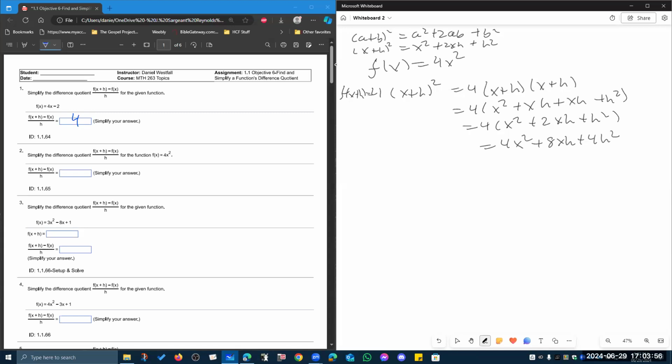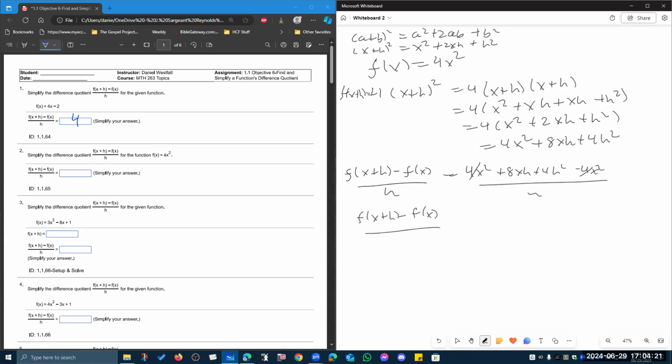So f of x plus h minus my original f of x divided by h is going to be 4x squared plus 8xh plus 4h squared minus 4x squared over h. This is h times 8x plus 4h over h. The h's cancel and leave me with 8x plus 4h.